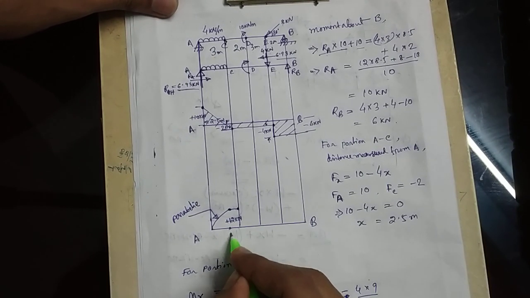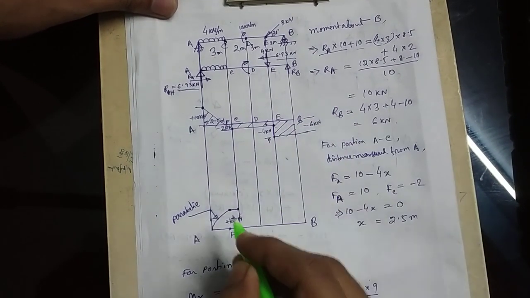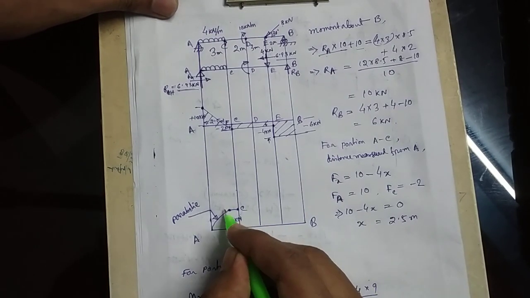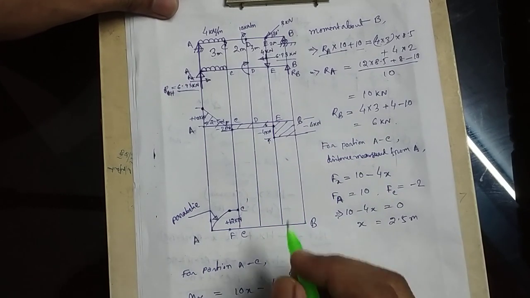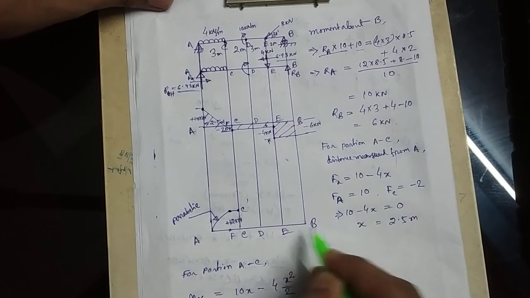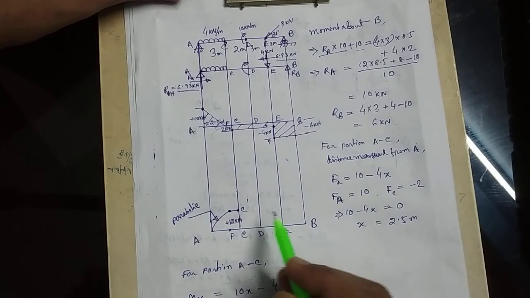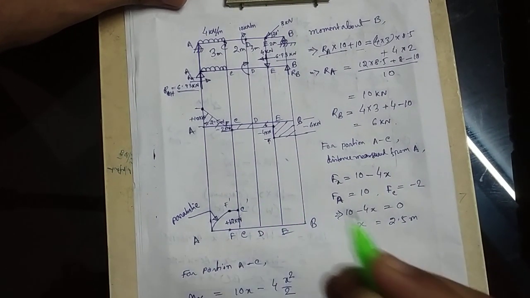so this is F, this is C, this is C dash, D, E. Okay, now we have to find the value F dash.